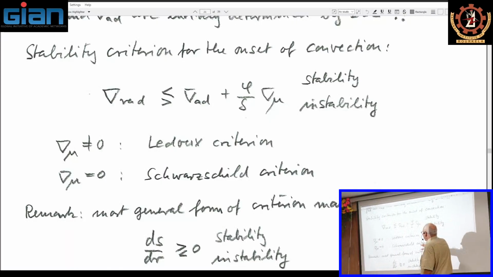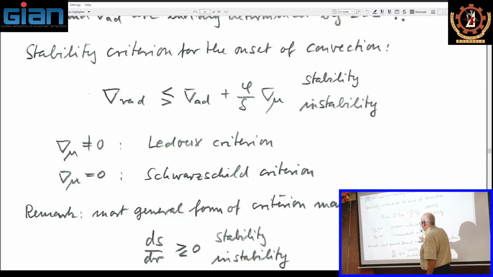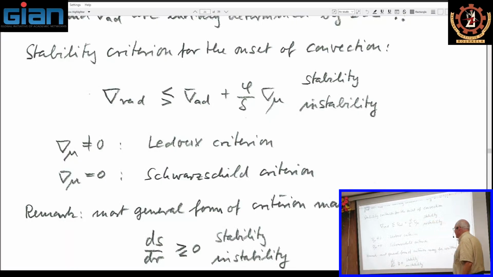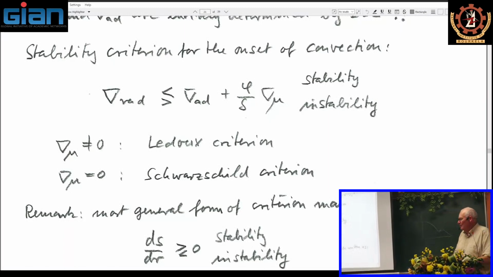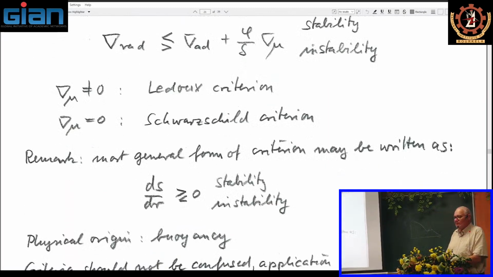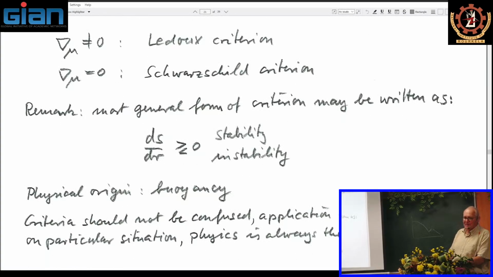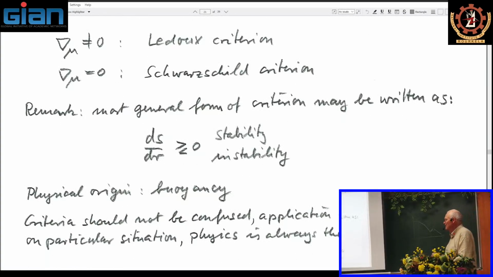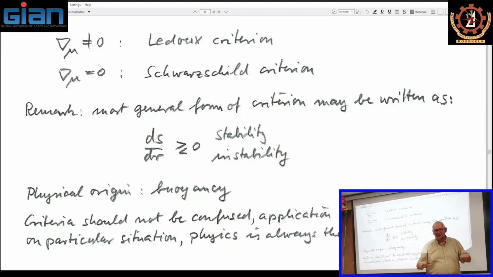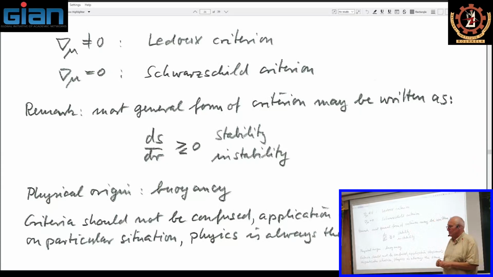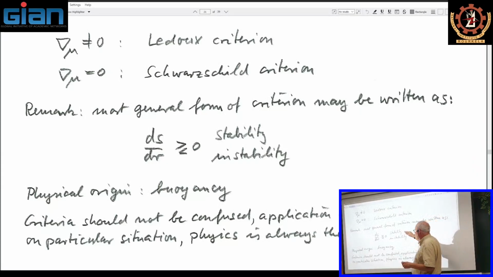Well, I haven't proved this explicitly, but the most general form for this stratification instability may be written in terms of the entropy gradient. If the entropy gradient, dS/dr, is bigger than 0, so if the entropy increases outward in a star, then you have a stable stratification.